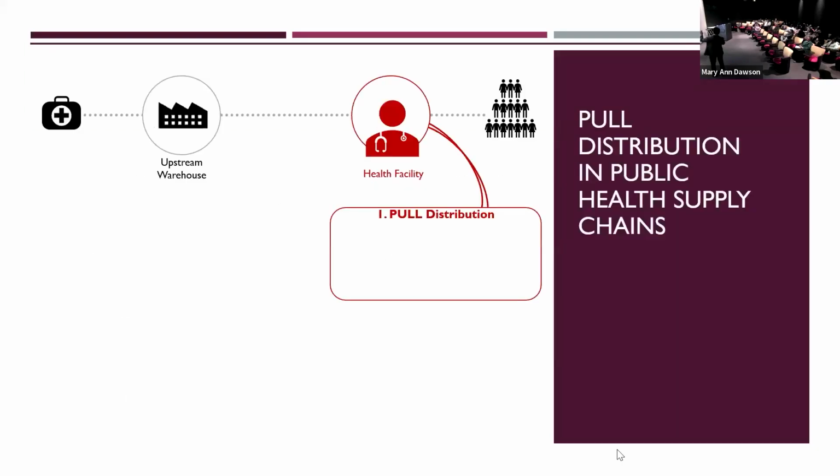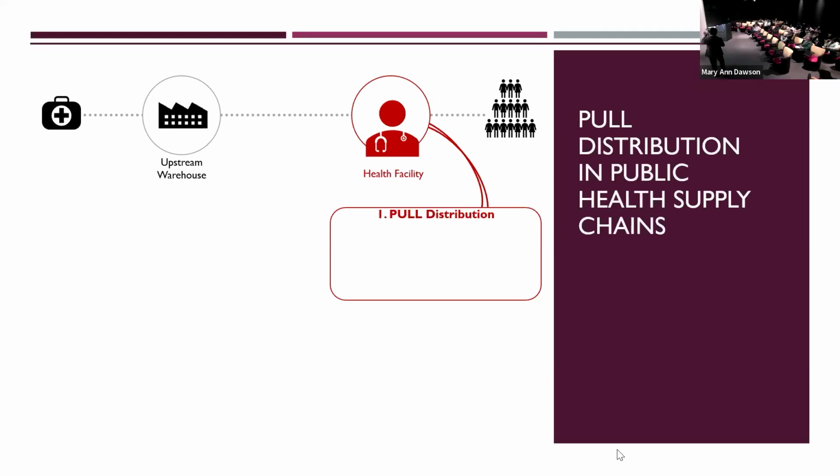Okay, so let me get into how the product actually gets distributed within these countries, right? If you look at public health supply chains, the most commonly used distribution strategy is known as a pull distribution model, okay?